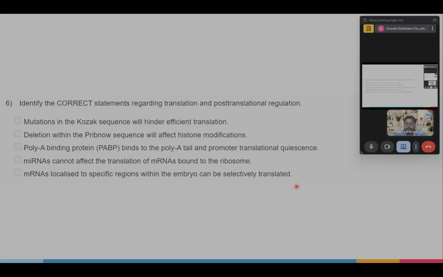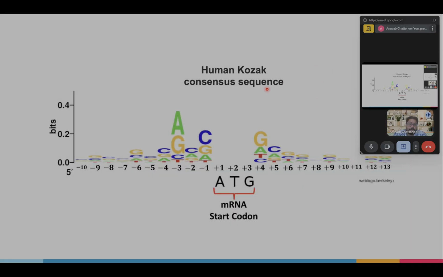Okay, so coming back, let us look at it. First we look at the Kozak sequence. The Kozak sequence is actually a consensus sequence that is present in the mRNA, and it is the sequence which determines where the translation will start.